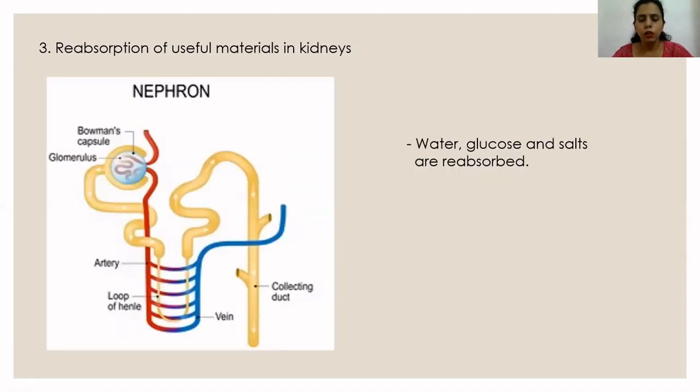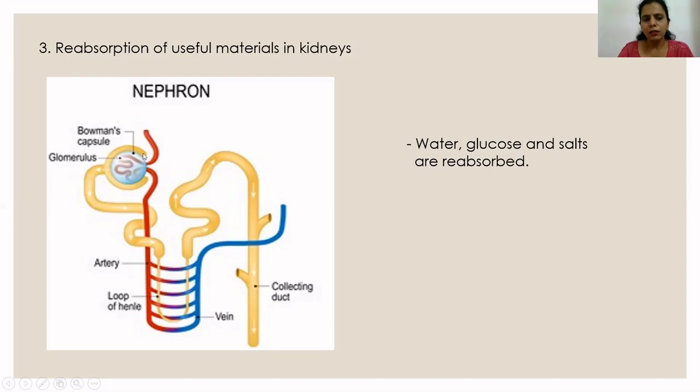Third example in the human body where the process of diffusion takes place is in kidneys. Both kidneys in a body consist of millions of tiny units which are known as nephrons. So if you look here, the structure of nephron, the nephron has a small cup-like structure which is known as Bowman's capsule, and then it has a long tube, which is known as loop of Henle.